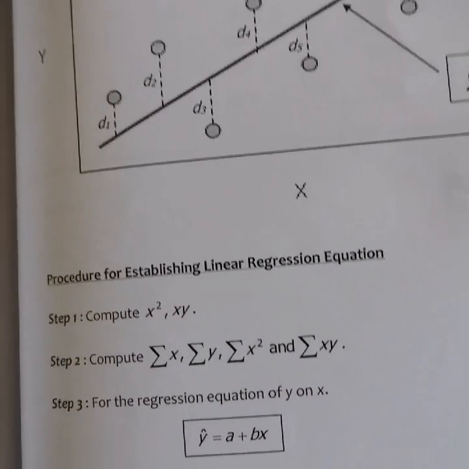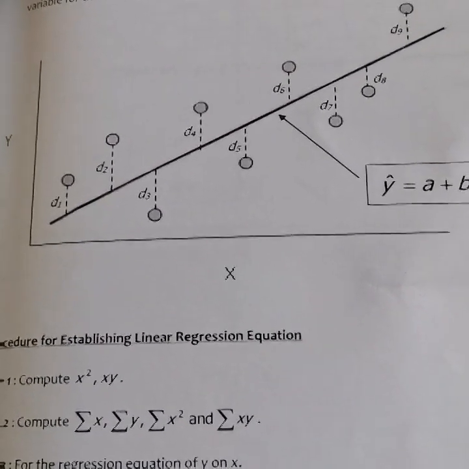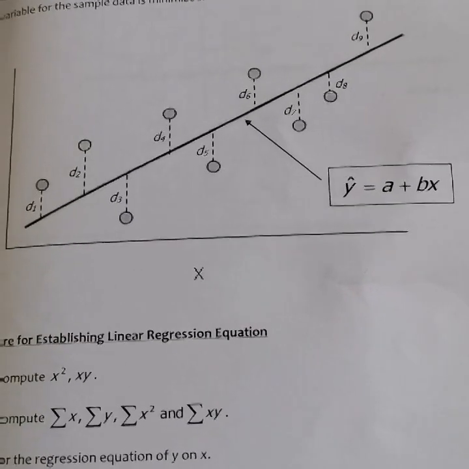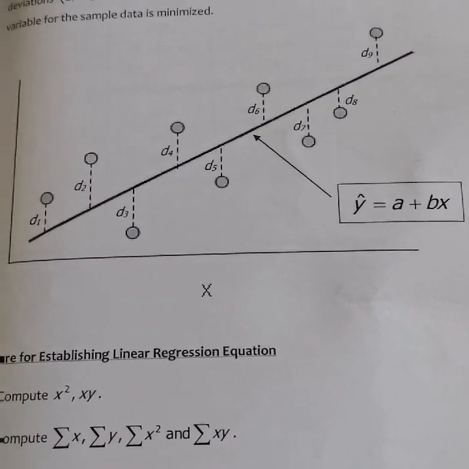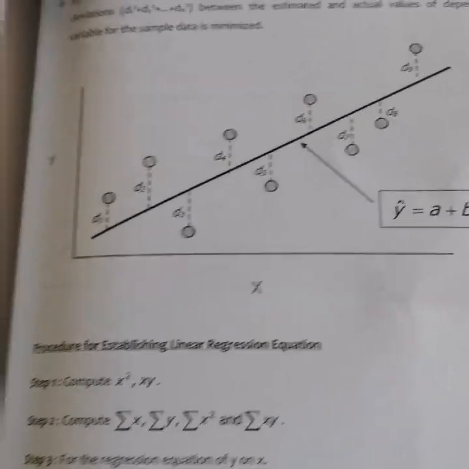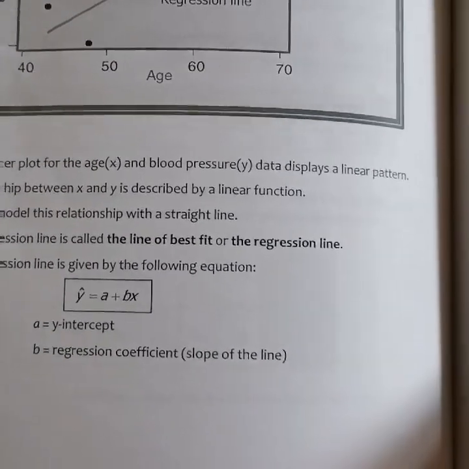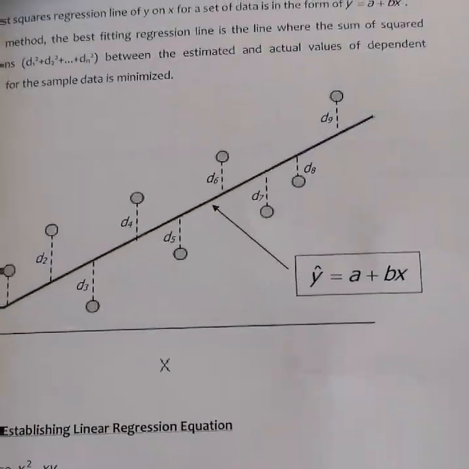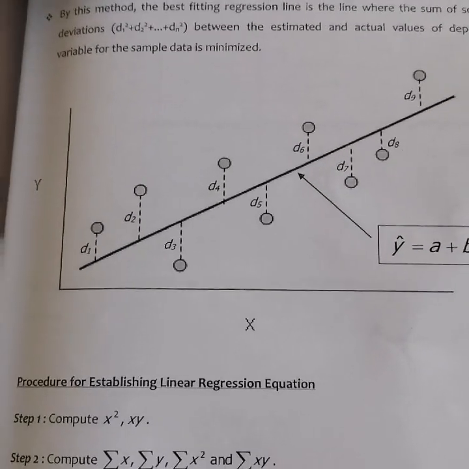So we have the formula y equals a plus bx just now. What is the formula that we have for finding a and b? Before this, you know that it is supposed to be the slope of the line and the y-intercept, but we are now using the concept of the least square regression line of y on x.